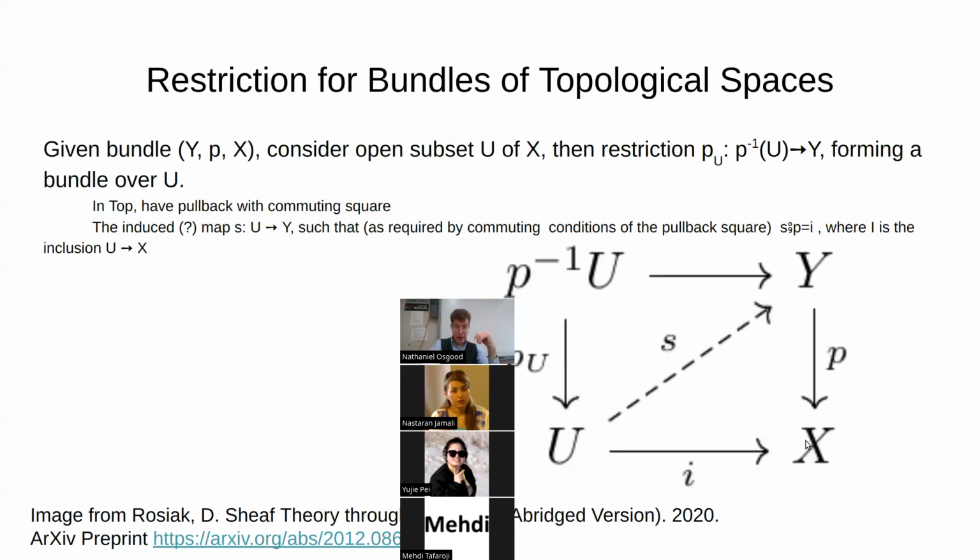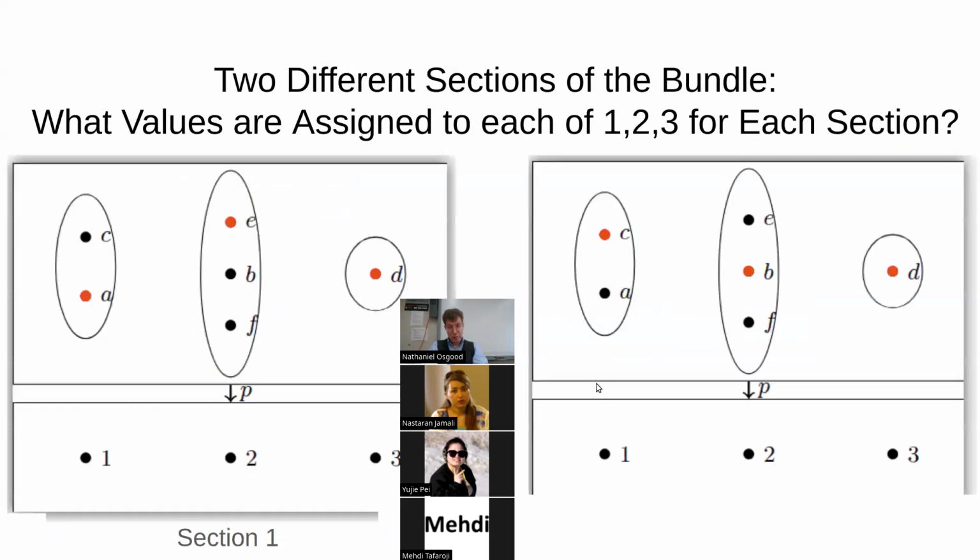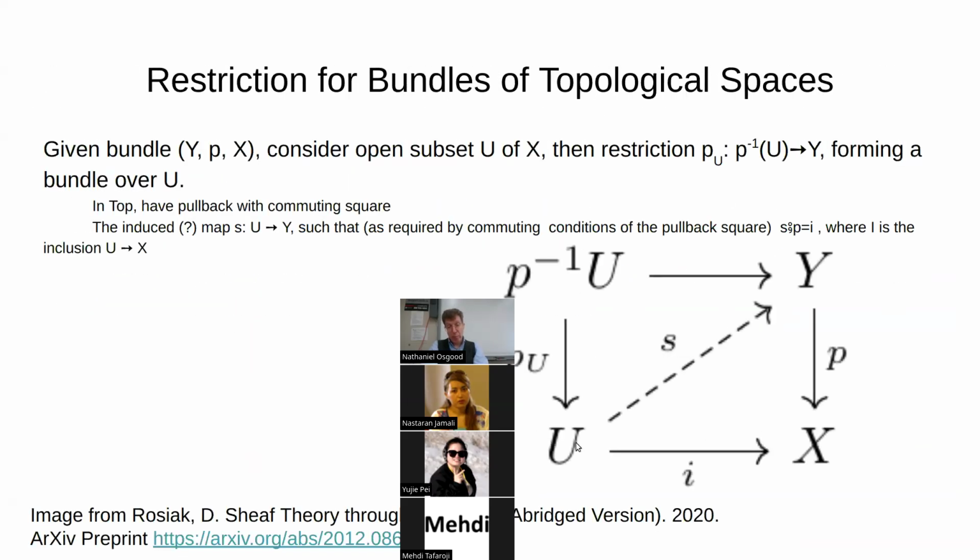And then it's coming down with P. It has to be the same as what you get if you take this inclusion into X. In other words, if you go up with the section to a fiber in Y, say, and then you come down with P to a particular point in the base space, you should be in the same place as you were with U. So he says this is S and then P equals I, but he also comments that's equal to the identity on U. In other words, you stay in the same place in U. So if you go up and come down, you're going to stay in the same place.